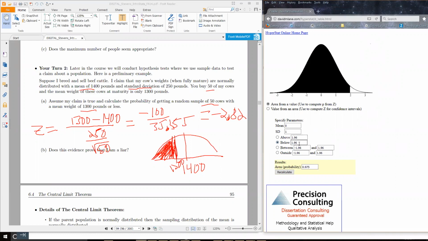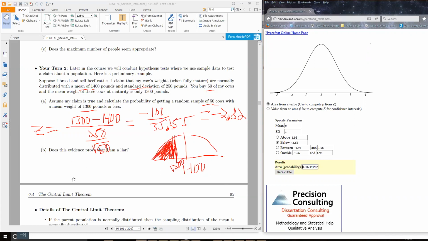Now I want to know the probability of getting a z-score less than negative 2.82. And I'm seeing it's a very small probability, less than 0.03%. So it's a very small probability of that happening if the true average of those cows is 1,400 pounds.